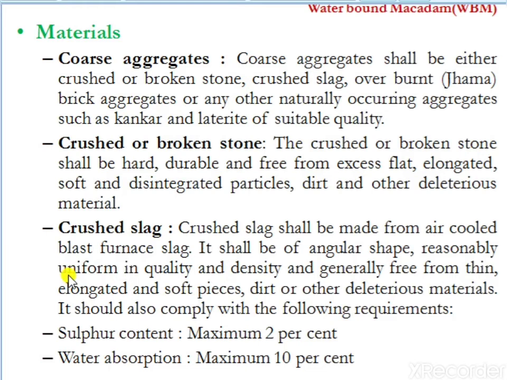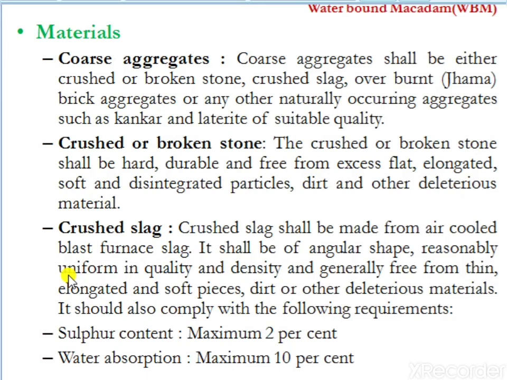So crushed slag is obtained from air-cooled blast furnace slag. This crushed slag shall be of angular shape, and it should have uniform quality and density, and it should be free from elongated materials, and it should be hard.